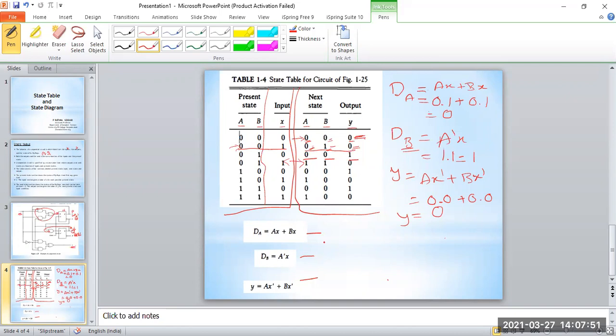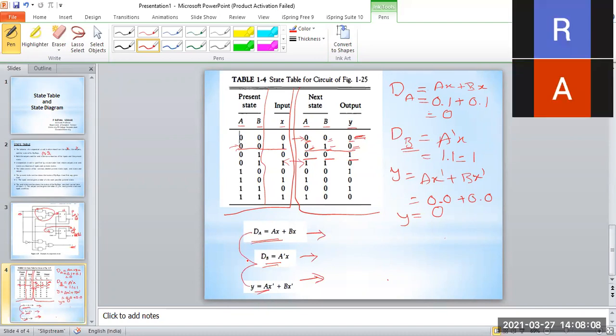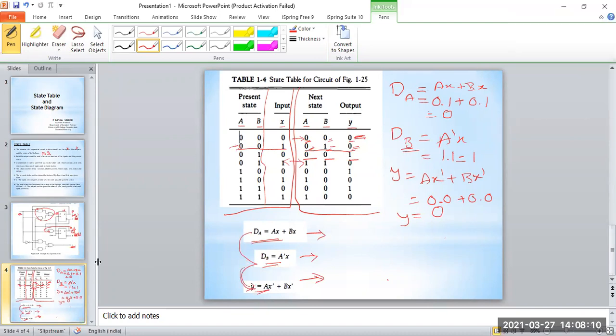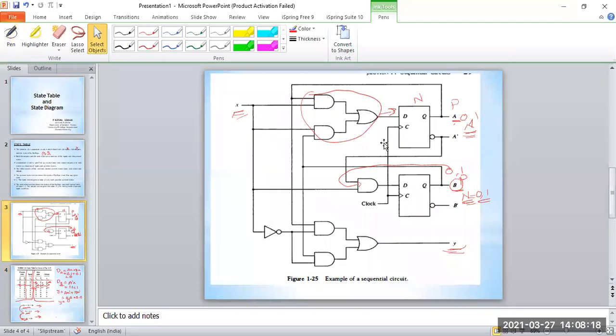Now, the question is, how did we derive these equations? We know that using these equations, we can fill the state table. But how did we get these equations? Any guesses? We got those equations based on the circuit, this sequential circuit.